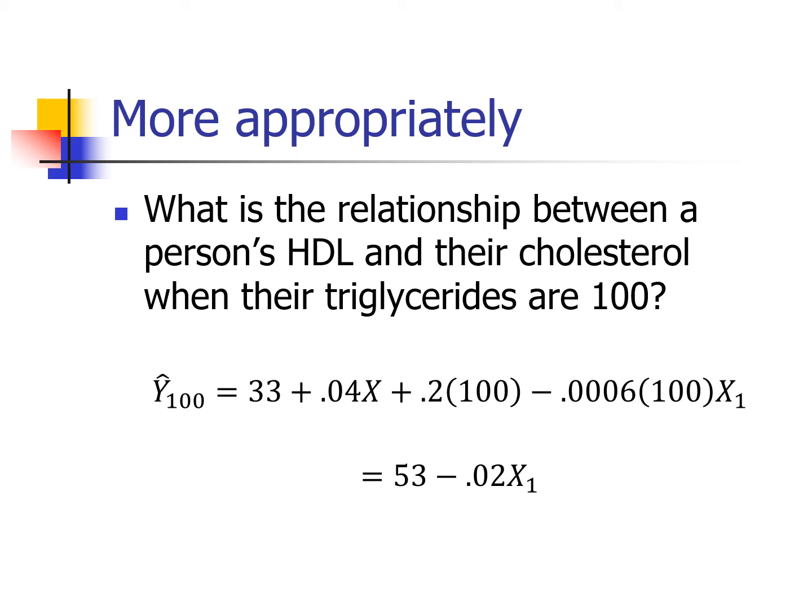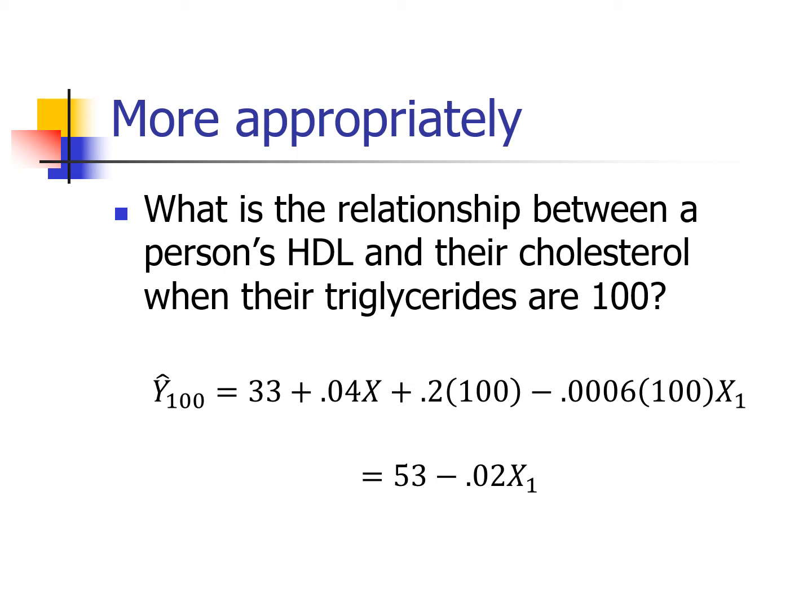We take our equation that SAS gave us, and we look at this relationship between X1 and Y when X2, the triglycerides, is equal to 100. So everywhere I see an X2, I plug in 100. And that's what the equation looks like. We can see that X2 basically goes away.